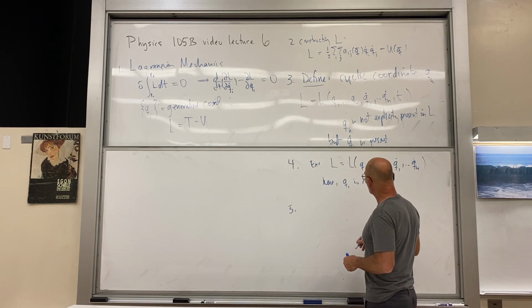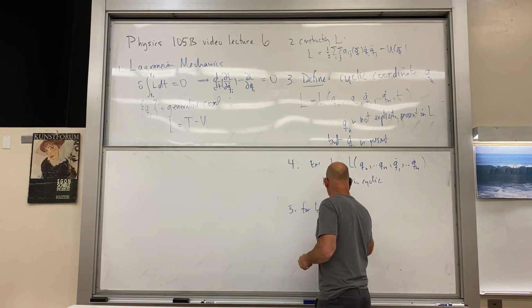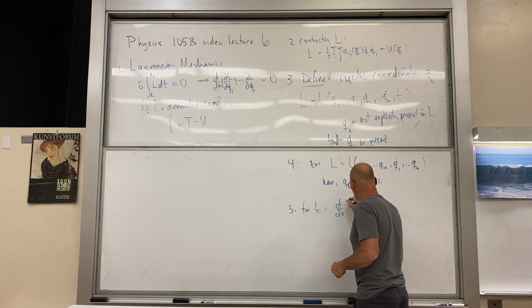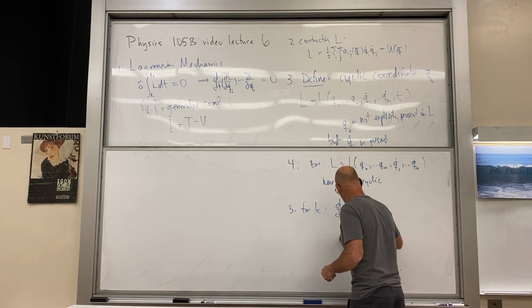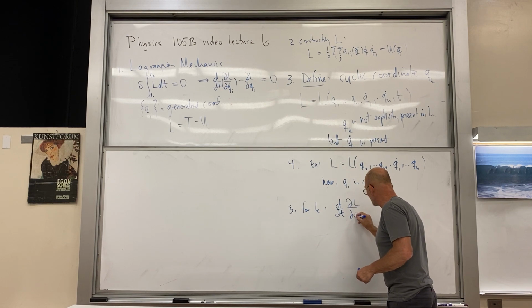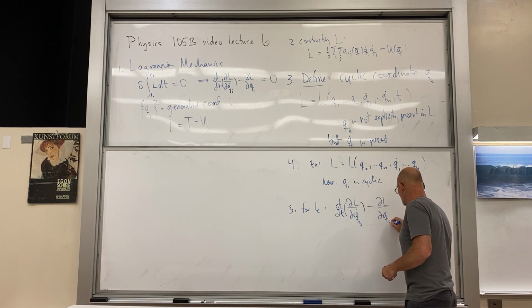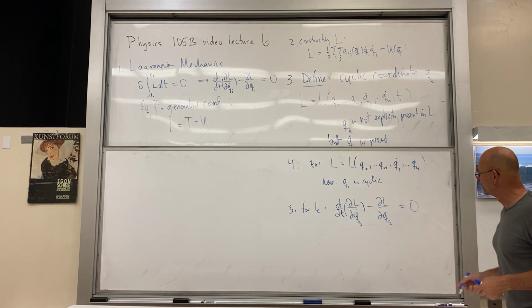The equation of motion, so for k, we have d over dt of partial L partial q_k dot, minus partial L partial q_k, is equal to 0. That's the Euler-Lagrange equation.